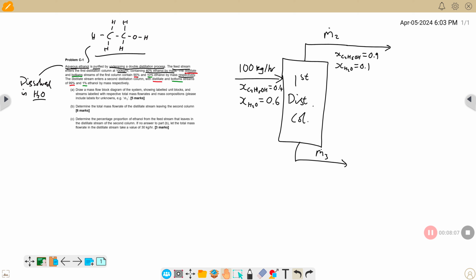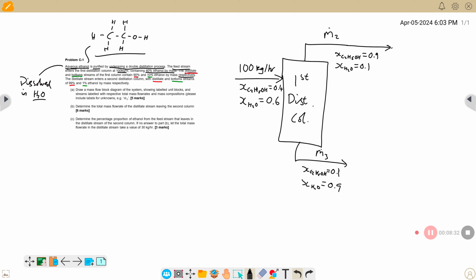Okay, I'm running out of room here, but oh well. And then the bottom stream contains 10% ethanol, so we could say X C2H5OH equals 0.1, and the X H2O equals 0.9, right?